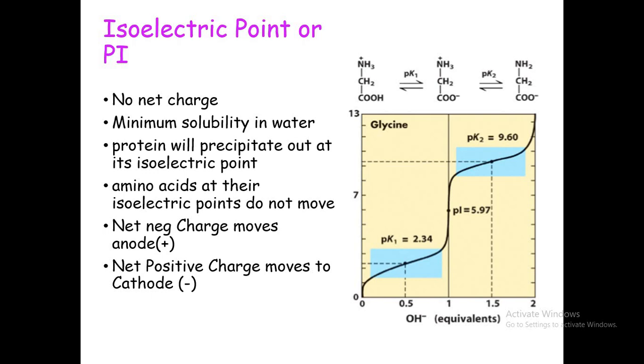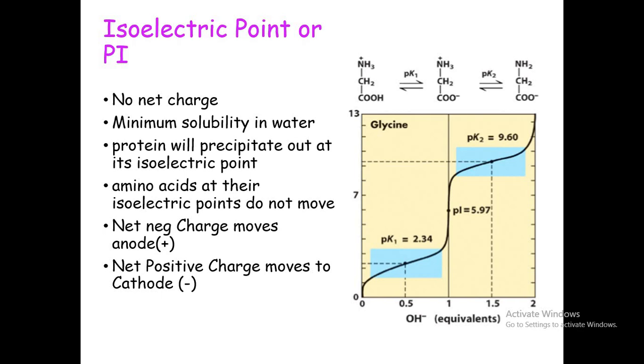Just assume that we have a protein that has amino acids, and when we put this protein in solution and the amino acid has no net charge, this helps us to isolate the protein.